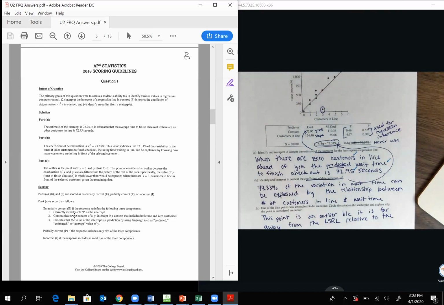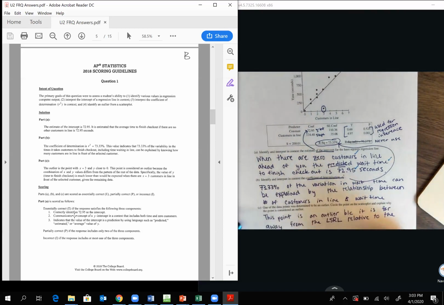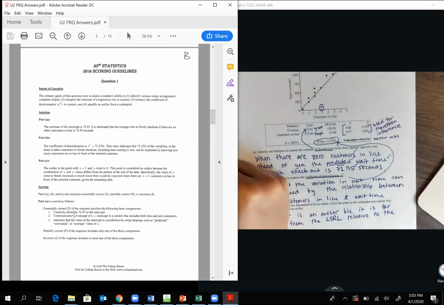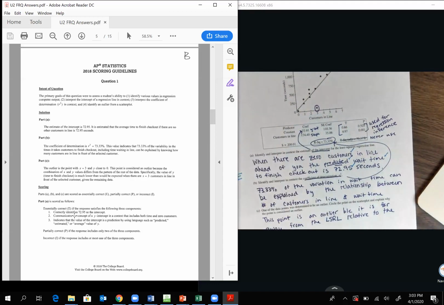Indicates the value of the intercept is a prediction by using words such as predicted, estimate, or average. I did use the word predicted, so I had all 3 things, so that would be essentially correct. If you were missing one of those things, like predicted or one of the other things, that would be partially correct.